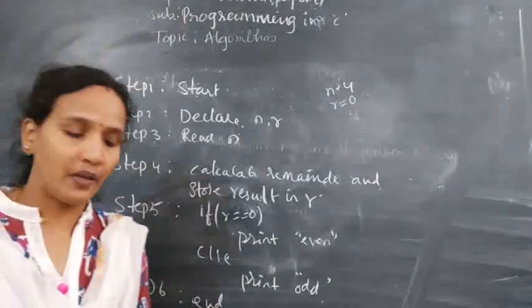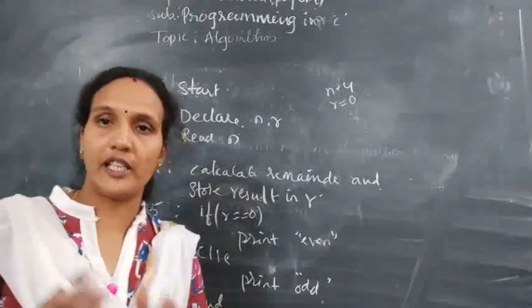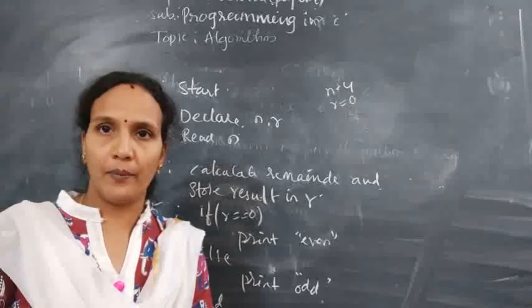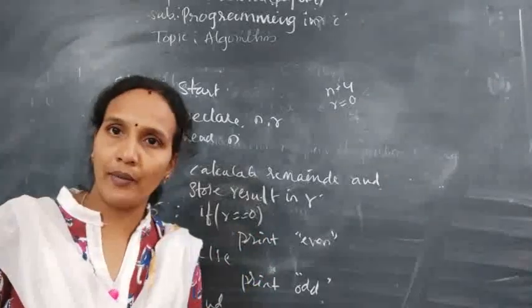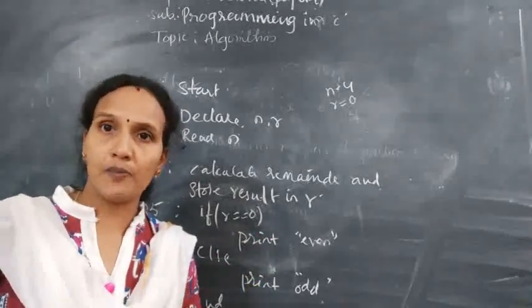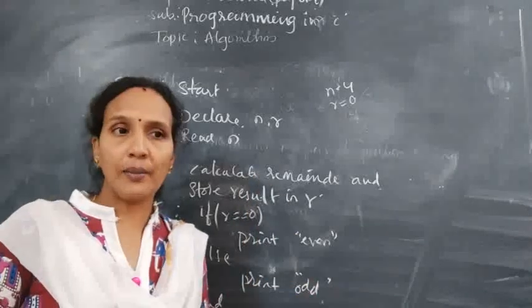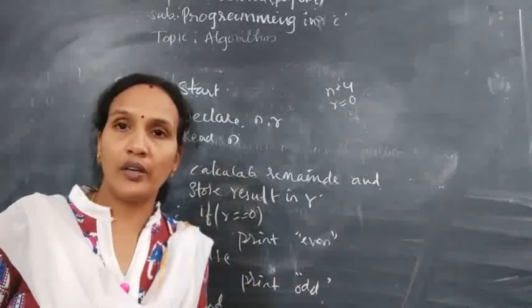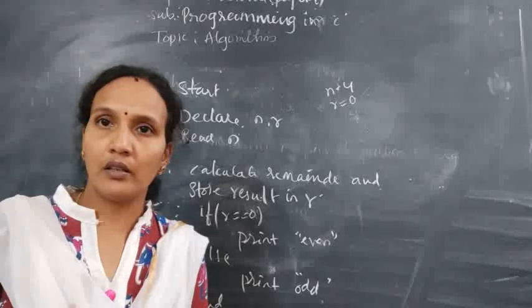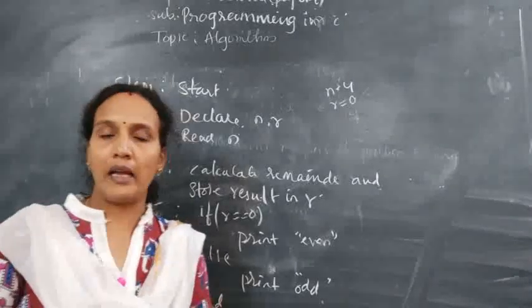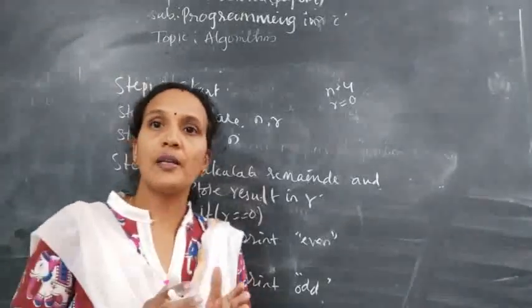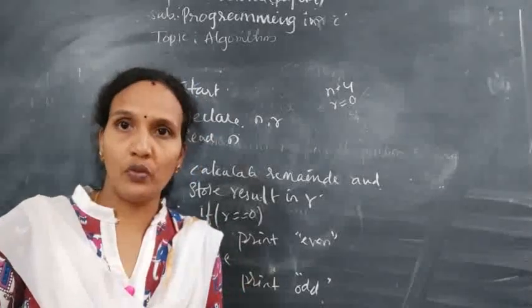In the exam, if they give you a question like this, explain a step form algorithm, you need to write what a step form algorithm is and explain the procedure. Sometimes they will ask you not only for even number, but to write an algorithm to check which is the biggest number or the sum of two numbers.